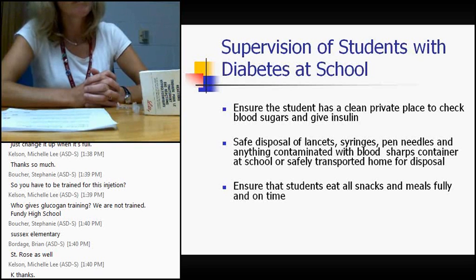Again, because a parent can do it, or a pharmacist can do it. We can do it too, but the reality is the nurses can't get to every school, but there are ways that we can make sure that that's organized for folks, and if you're worried about that, we can make sure that that happens for you.